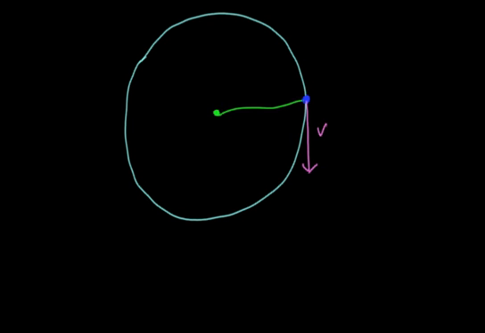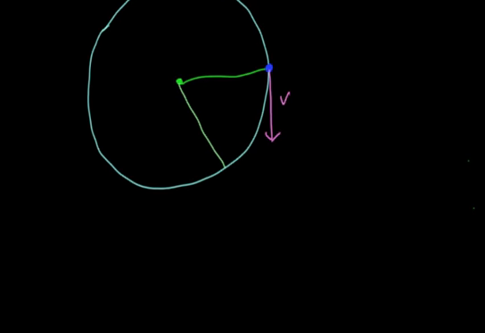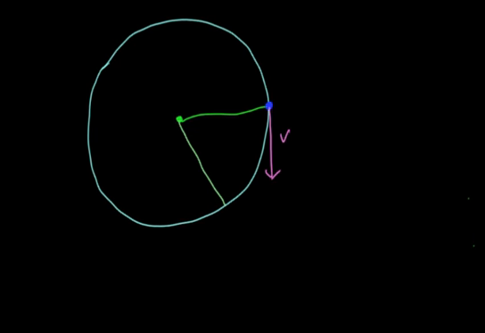After it goes around a little bit, now this is our velocity vector.